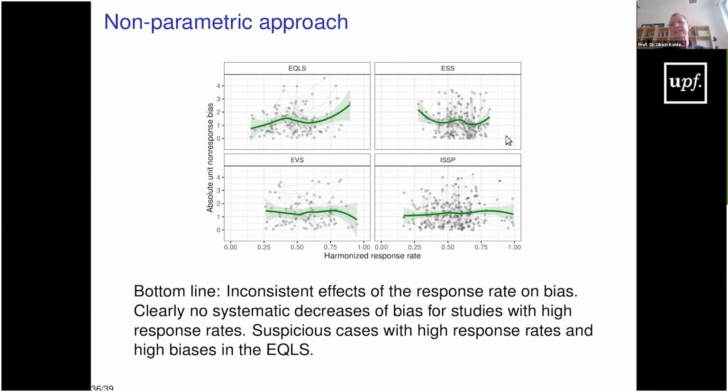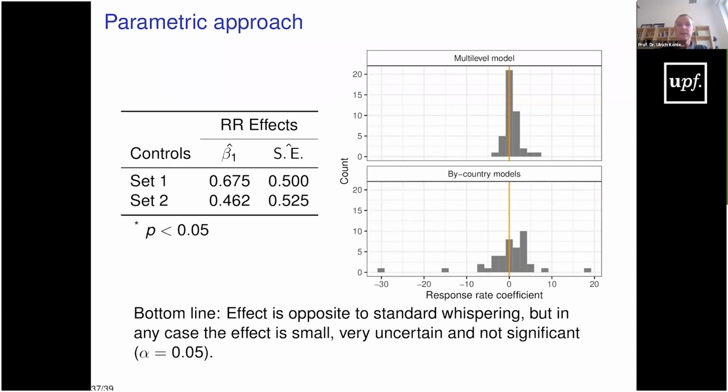We see in the ESS a slight decrease in absolute unit non-response bias with harmonized response rate, but the results are not that clear. We see in the EVS almost no effect except for very, very high response rates. And we also have almost no effect here in the ISSP. There are some suspicious cases with very high response rates and high biases in the EQLS, which are perhaps due to measurement errors. Here are the results of the parametric approach.